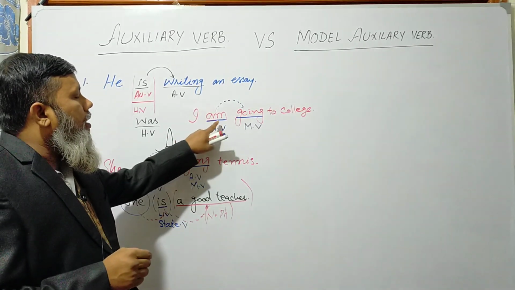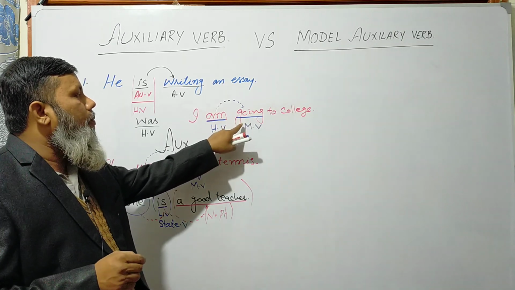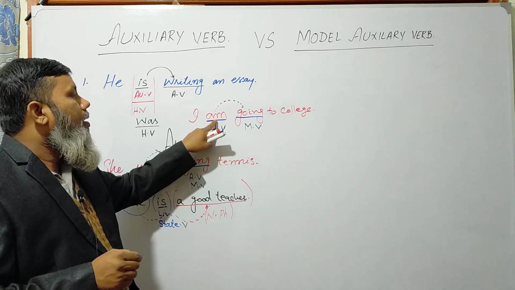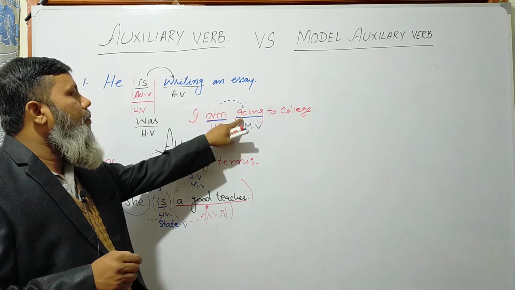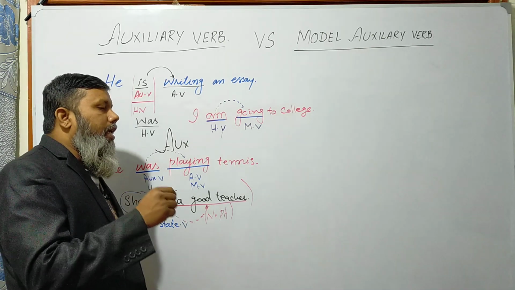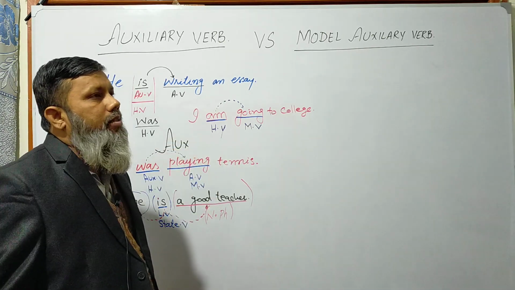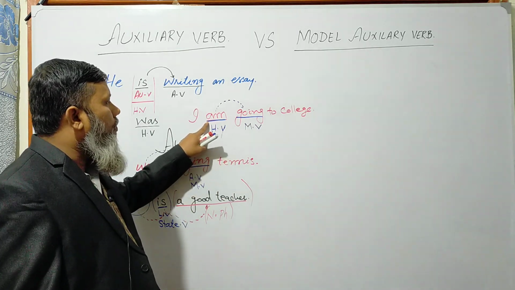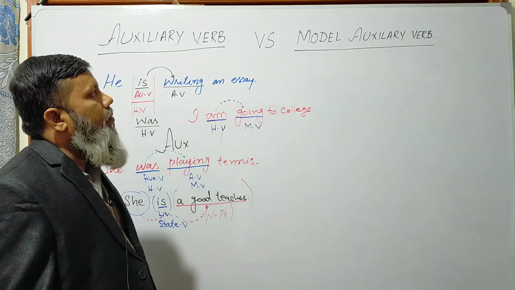Look, if there is an action verb or the main verb or any other verb, and before it there is a verb which gives the support to it and tells the meaning, sense and aspects of a tense, that is called an auxiliary verb or a helping verb.